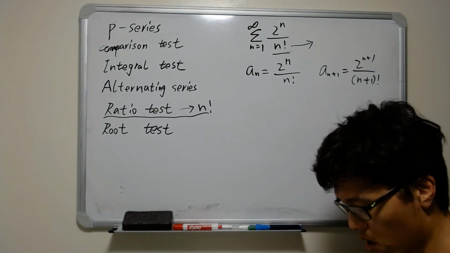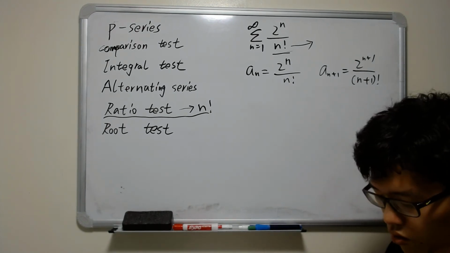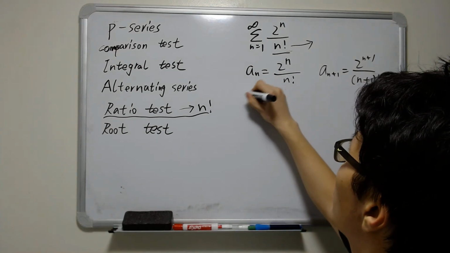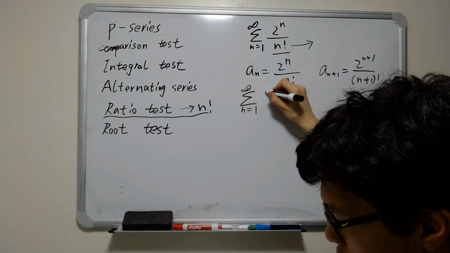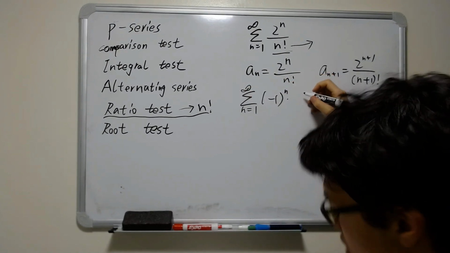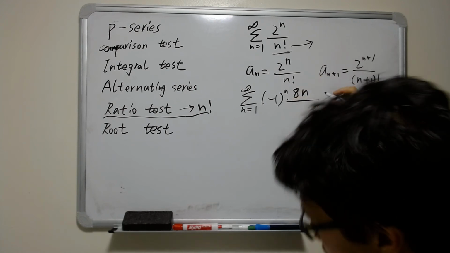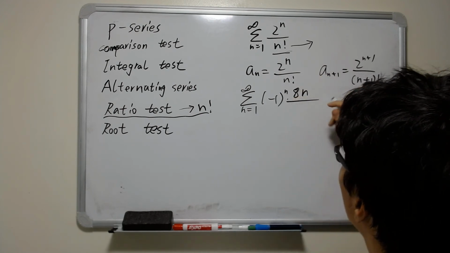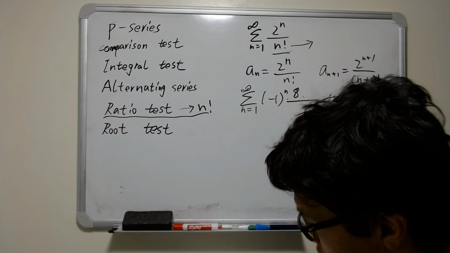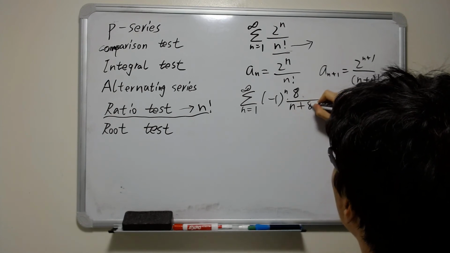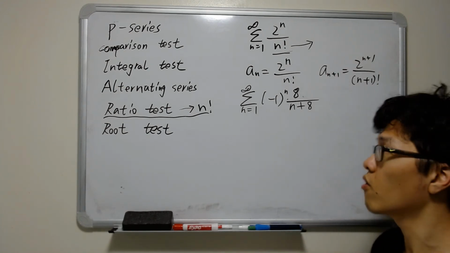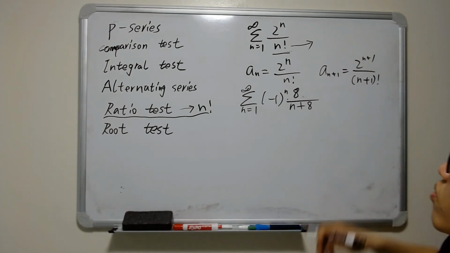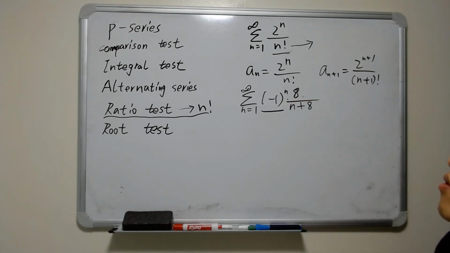Okay, let me go to the next example. The next one is the summation of -1 to the n, 8 over n plus 8. For this one, because we have -1 to the n, it's an alternating series.